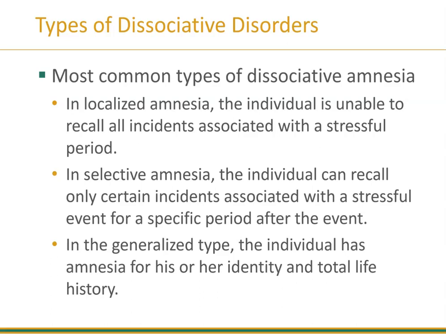There is a selective amnesia, where the individual can recall certain incidents associated with the stressful event or a specific period. Then there is the generalized type, where the individual has amnesia for his or her identity and other history.